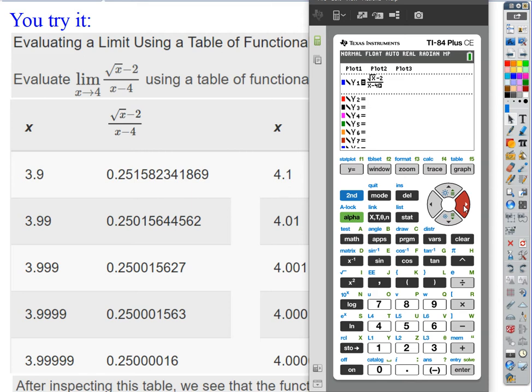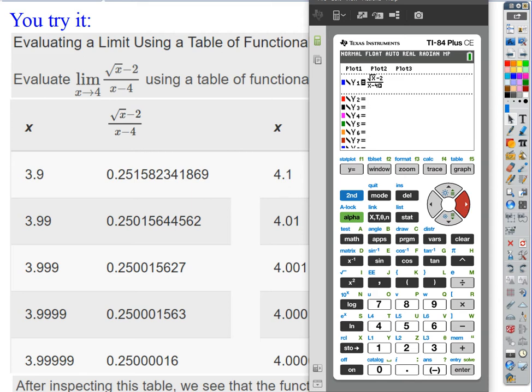Does anybody remember how to get out of a program in here? Exit, second, quit. Here's one way to do it. You can go apps and go down to inequality and exit. There's got to be a way to get to that easier. Okay, now you're good. Thank you.